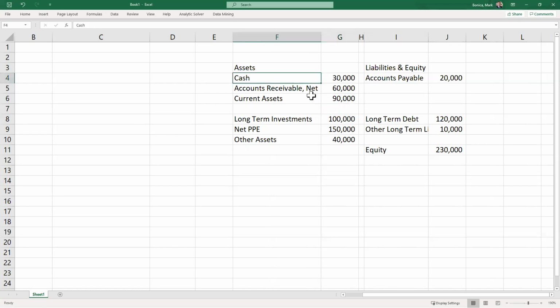Now, when you're doing your list of current assets, you want to go from most liquid, meaning most cash-like, to least liquid. What's more like cash than cash? You can't really be any more like cash than cash. So cash goes at the top.